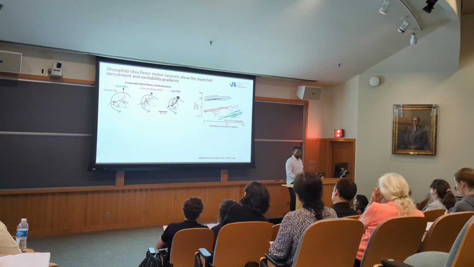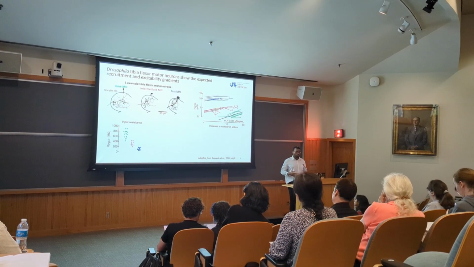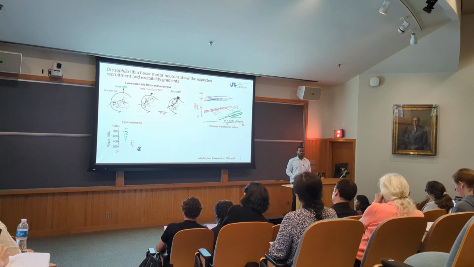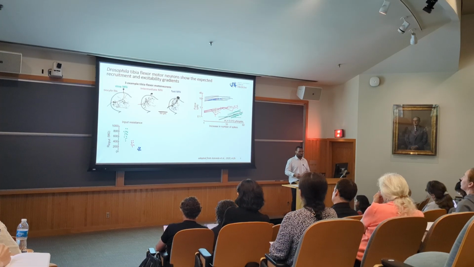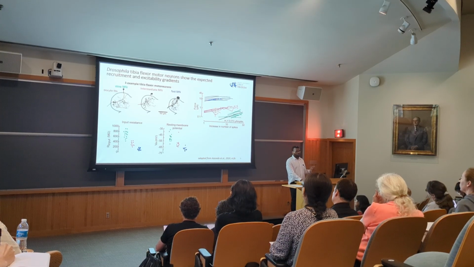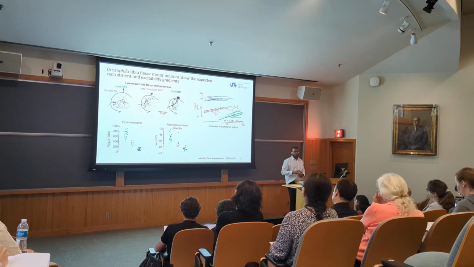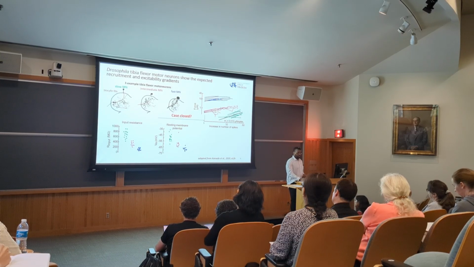These motor neurons produce progressively greater force. They also show the expected input resistance gradient, with the slow motor neuron having the highest resistance and the fast motor neuron having a lower input resistance. Also, resting membrane potential and other physiological properties vary along this hierarchy.